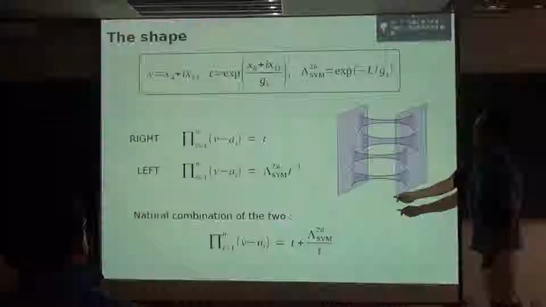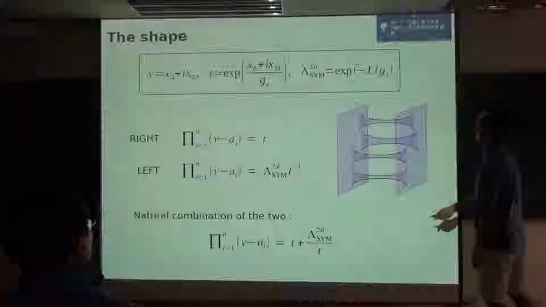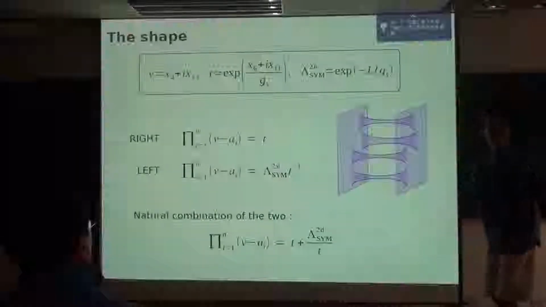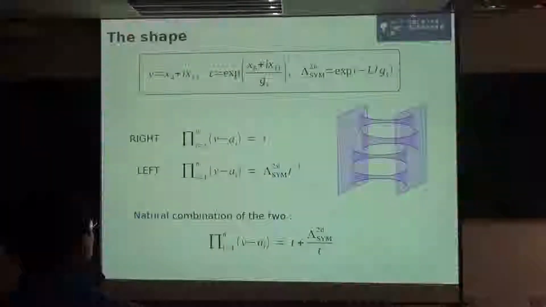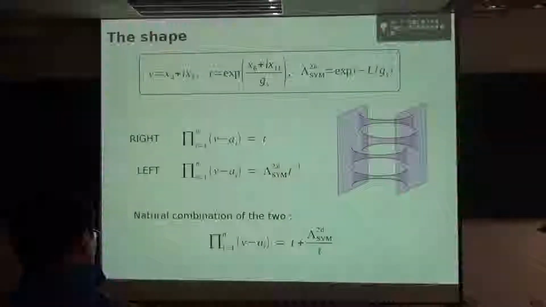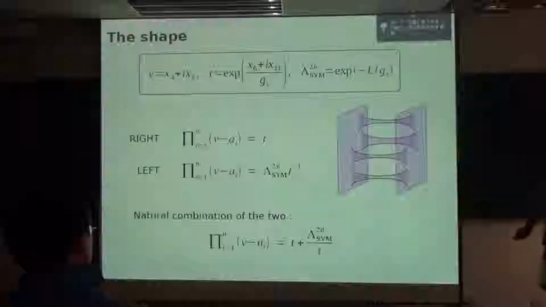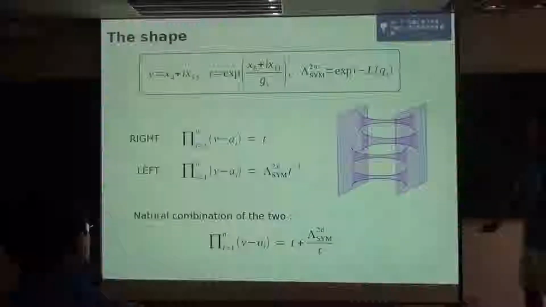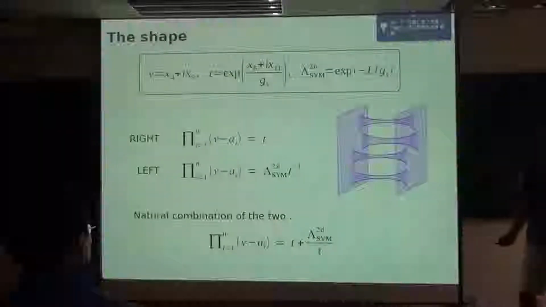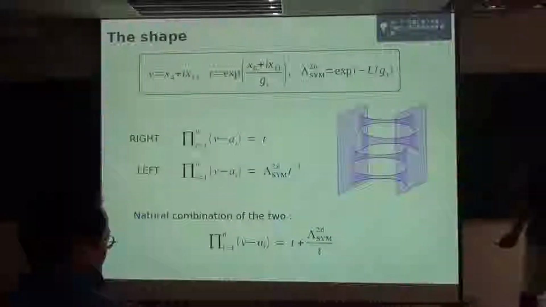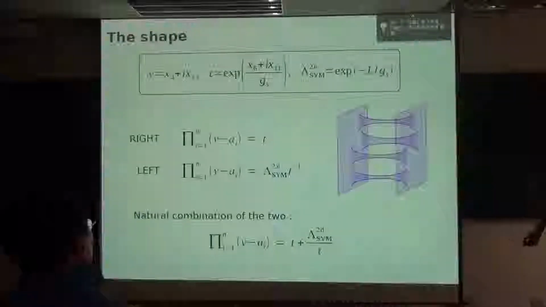This equation describes the right half, and a similar equation describes the left half. Then what we have to get is some natural combination of this and this, and the natural combination is this. And it turns out that this precisely agrees with the solution obtained by Seiberg and Witten.